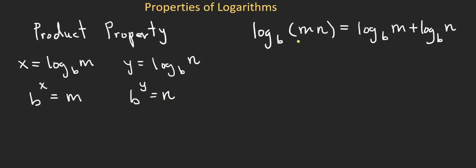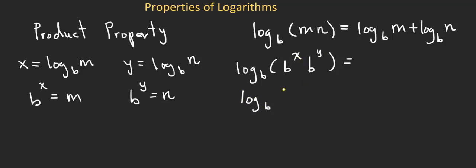Now, using substitution, we could say log base b of b to the x times b to the y. When you multiply the same base, you add the exponents, so you get log base b of b to the x plus y.